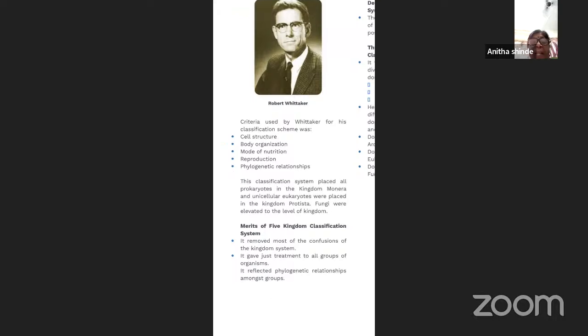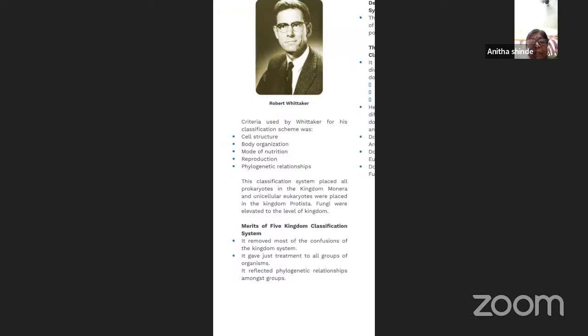Now we'll see the merits of his classification. It removed most of the confusions of the earlier kingdom systems, because now he has given us a clear-cut idea. He segregated unicellular and multicellular, and he also considered nutrition, heterotrophic and autotrophic, as well as body organization, cell structure, reproduction, and the phylogenetic relationship.